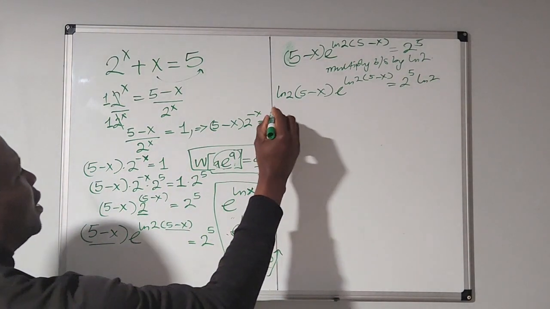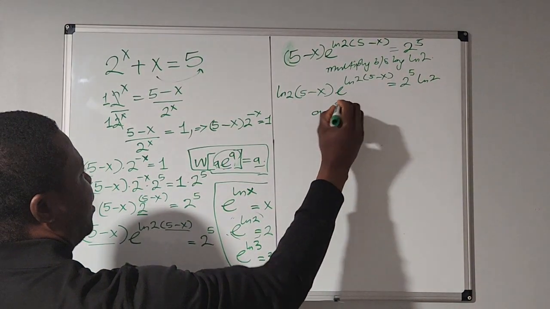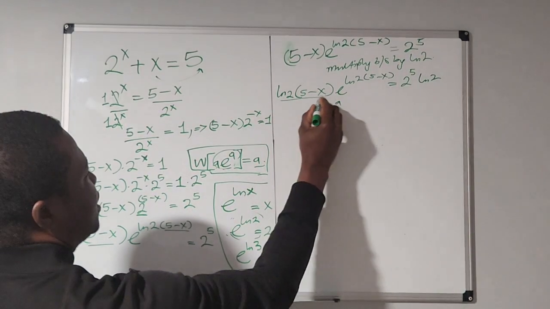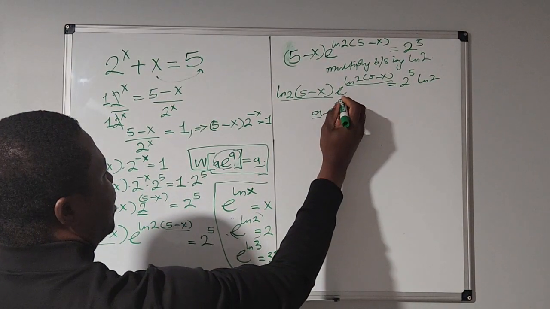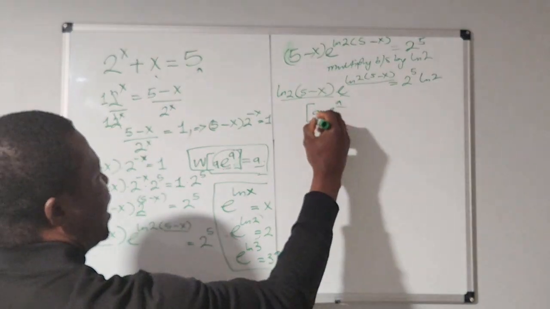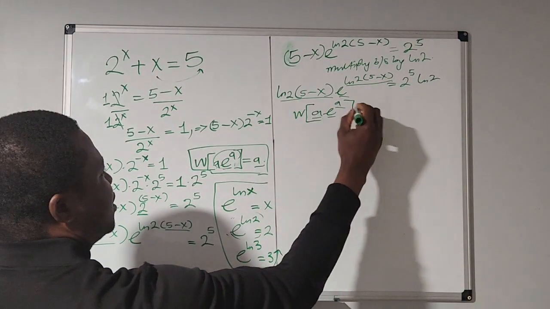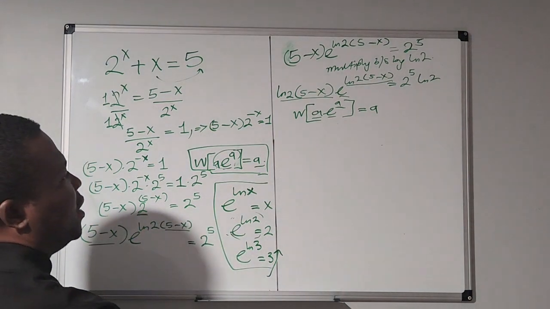Right, so this is looking more like a e raised to the power a, because this is our a, this is also our a, and then we have our e. Now if we have the Lambert function of this, that should be equal to the value a, right?